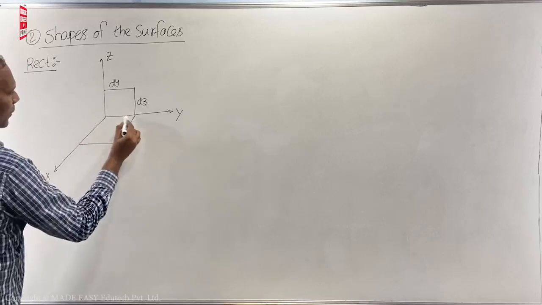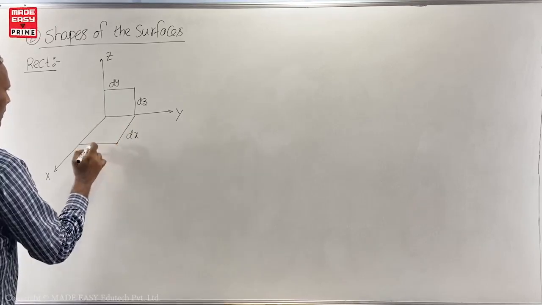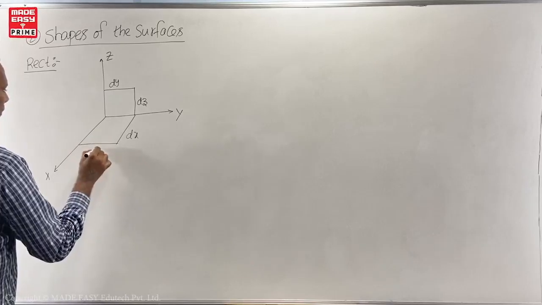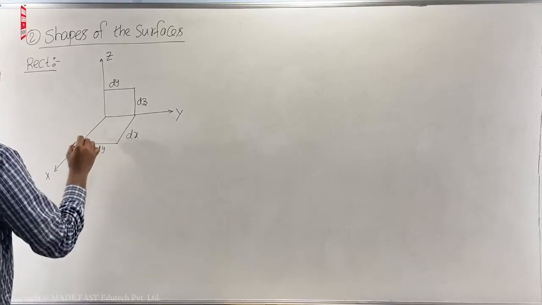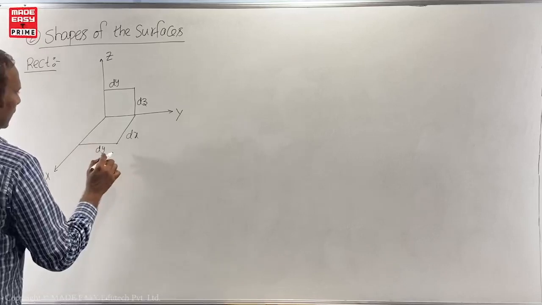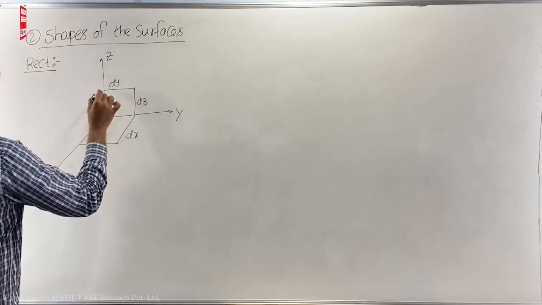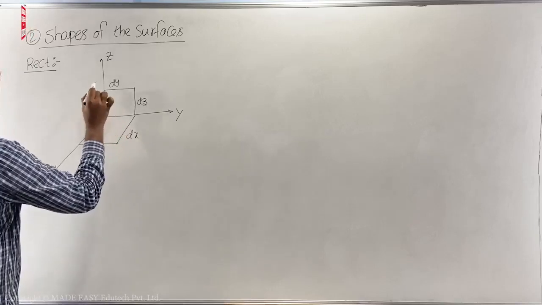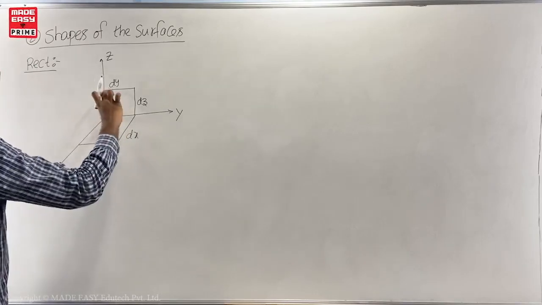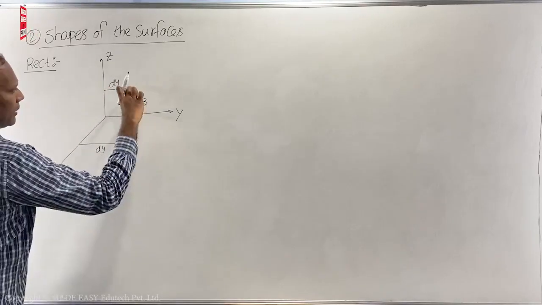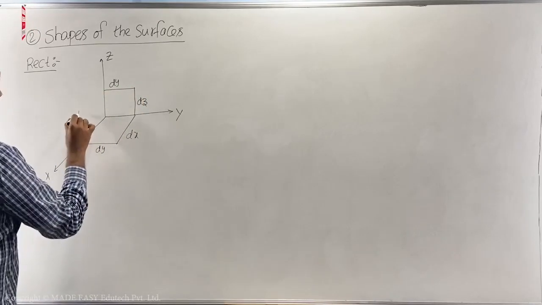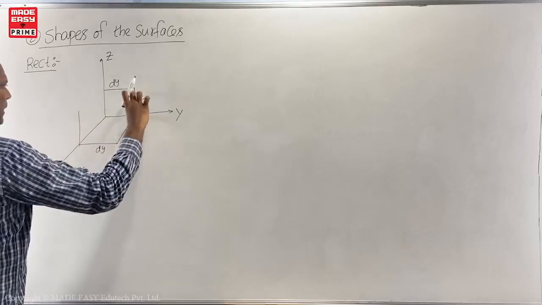This line is parallel to the y-axis, so this is also dy. Here this is actually dz. So here I will draw a line called dz.